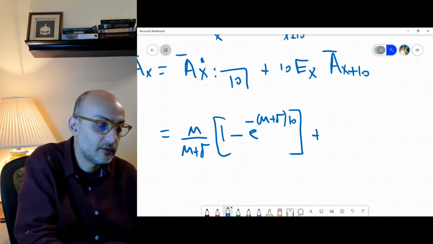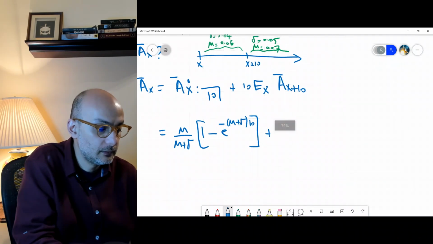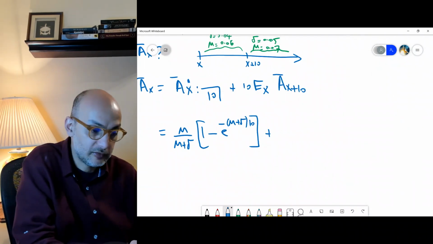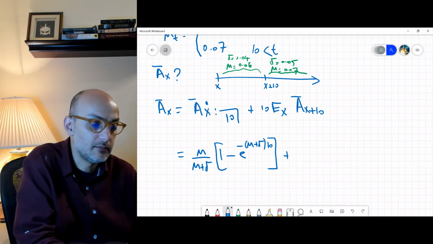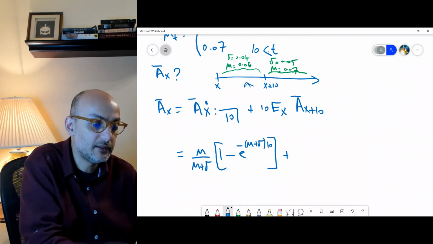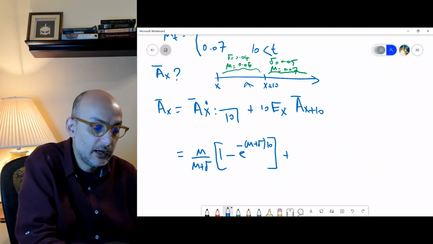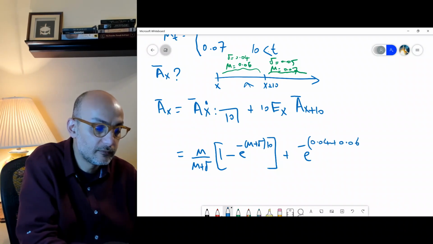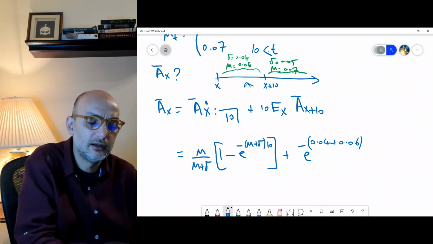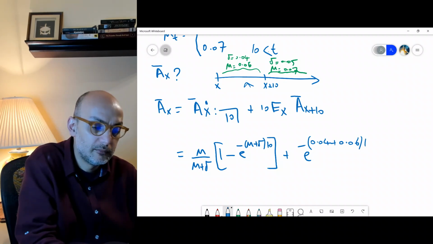Now plus 10E_x, and this is exponential distribution. Remember the 10E_x, we're still operating here. We need to survive this period, so it's e to the minus 0.4 plus 0.6, because you need to survive and you need to discount, so it's both multiplied by 10.